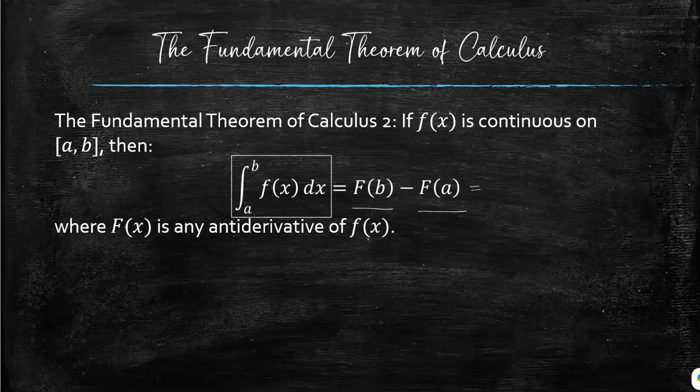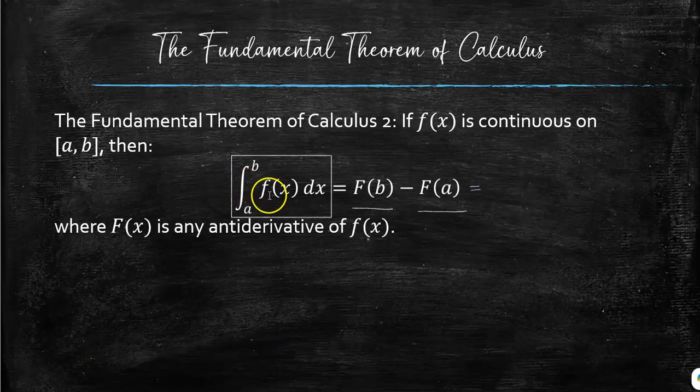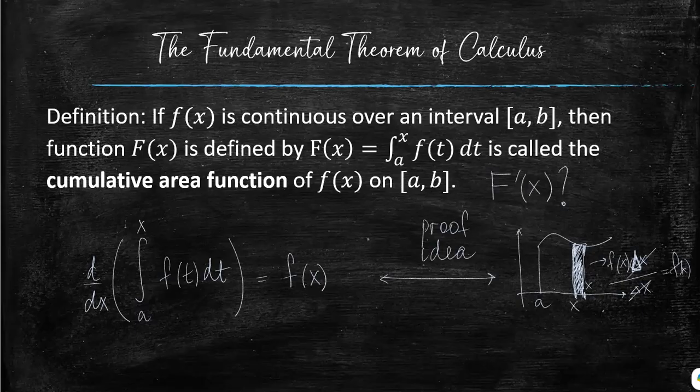If we go back here, right here, we claim that the cumulative area function is an antiderivative of f of x. Here we're saying that to find the definite integral, it's sufficient to pick any antiderivative and evaluate it at b. So why don't we pick the cumulative area function as that antiderivative? There's nothing wrong with that.